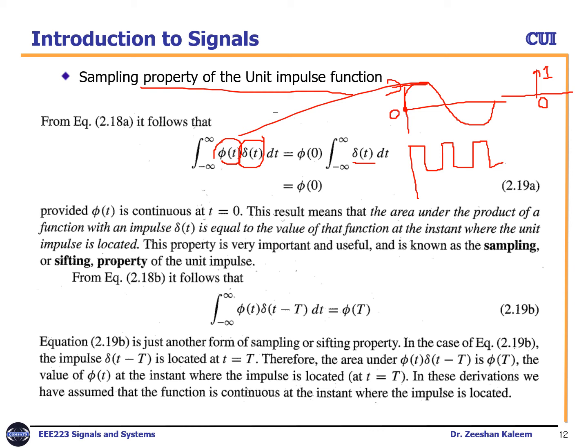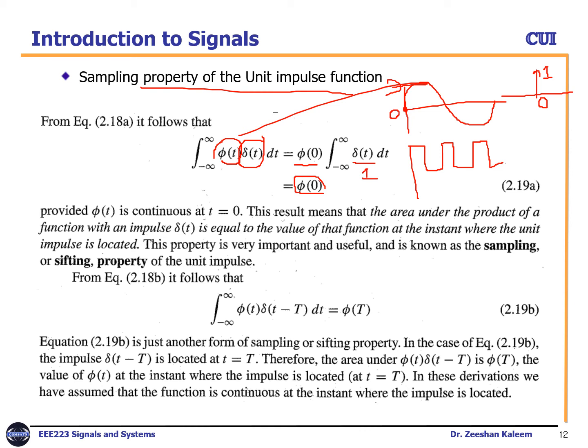We will get the same signal amplitude as at time 0. Look at this: phi(0) times delta(t) at 0, which is equal to 1. So 1 times phi(0), what will you get? phi(0). phi(0) means the amplitude of the signal, the value of the signal at time instant 0, you will get in the output.